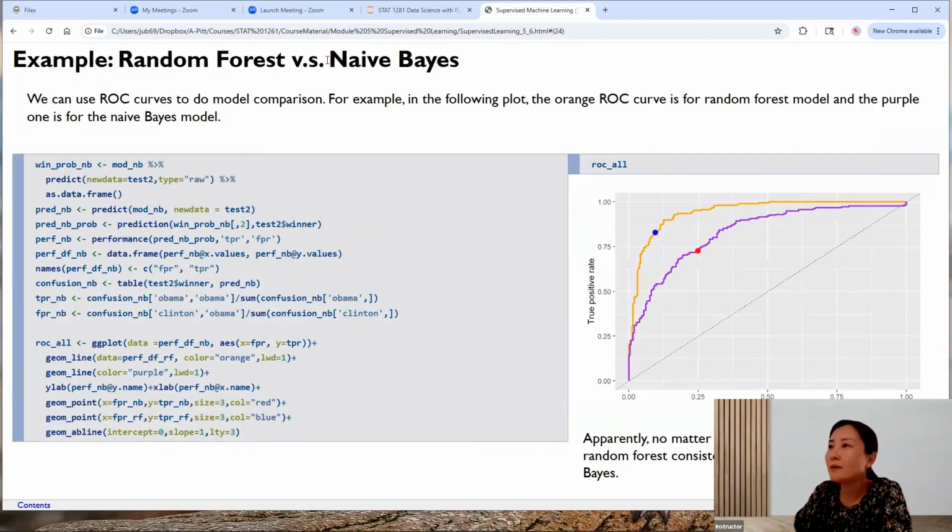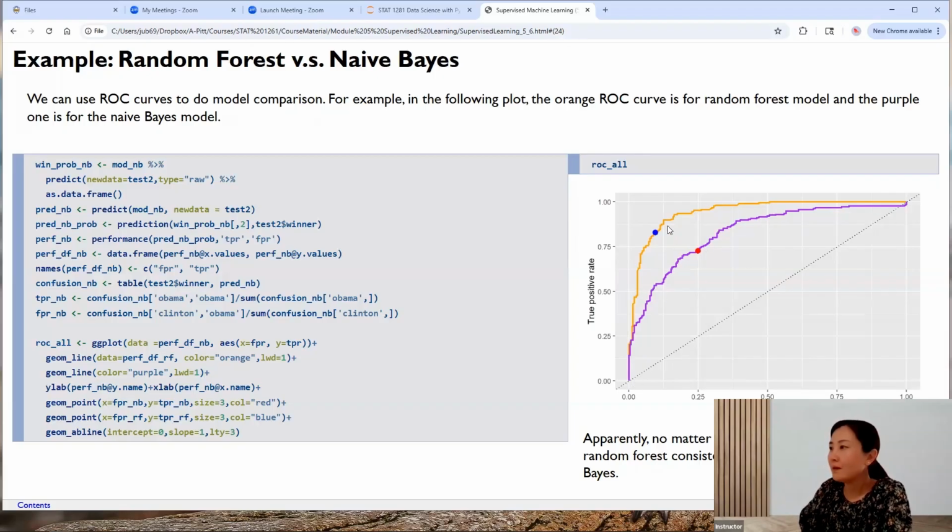For comparison purposes, we can do the same thing for the naive Bayes model. Basically, you have to go through the whole process of preparing the data for the ROC curve and just add a new layer of line and point into this plot. So this purple one corresponds to the naive Bayes model, and the orange one is still the random forest.